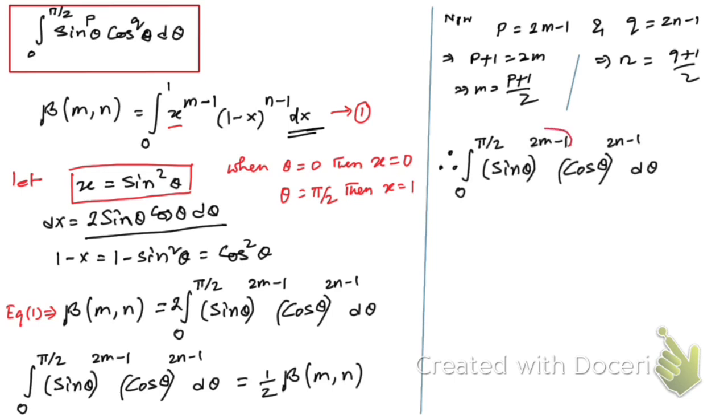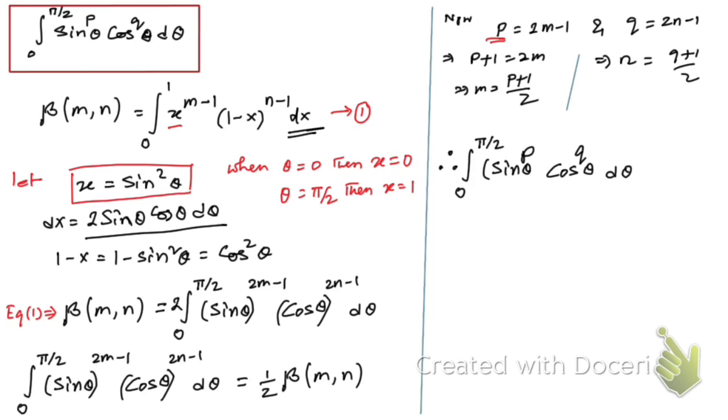If we replace this by p and this one by q, then on the right hand side, let me rearrange these things so it can be written without these brackets: sin to the power p theta cos to the power q theta. So we can write it this way.